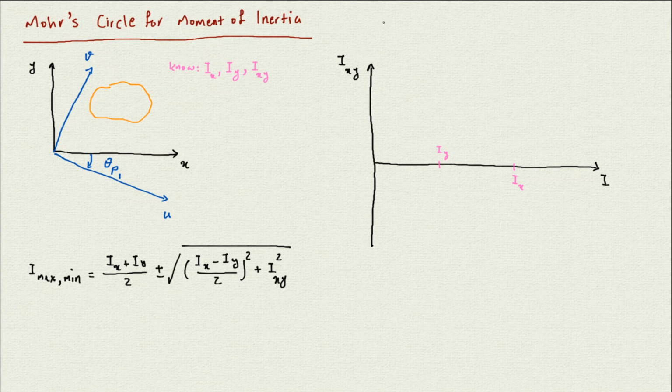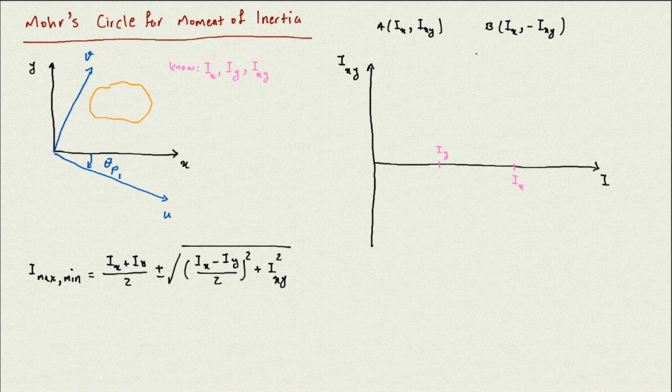Point A has the coordinates Ix and Ixy, regardless of whether it's positive or negative. Point B has the coordinates Iy and negative Ixy. If Ixy is positive, negative Ixy is going to be negative. If Ixy itself is negative, then negative Ixy is going to be positive. For this case, assume Ixy is positive.